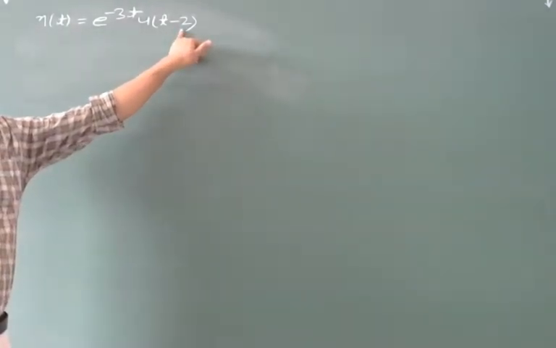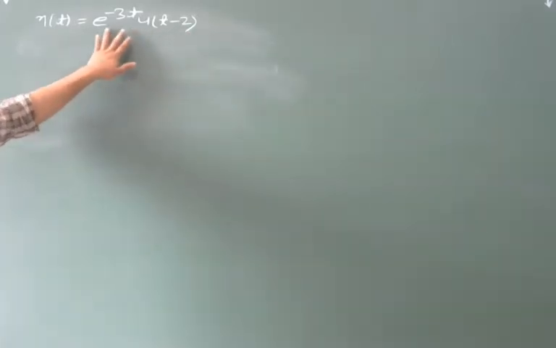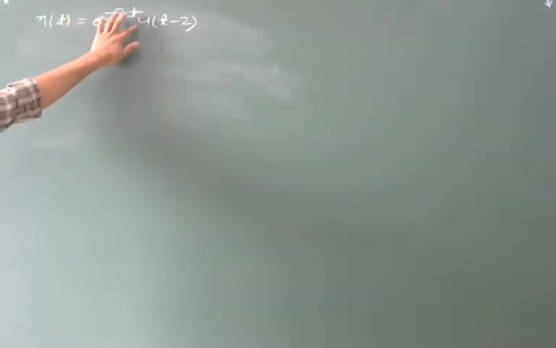In this signal, the unit step function u(t) is shifted to the right by 2 units, but the Fourier transform of e^(-3t) u(t) is known.